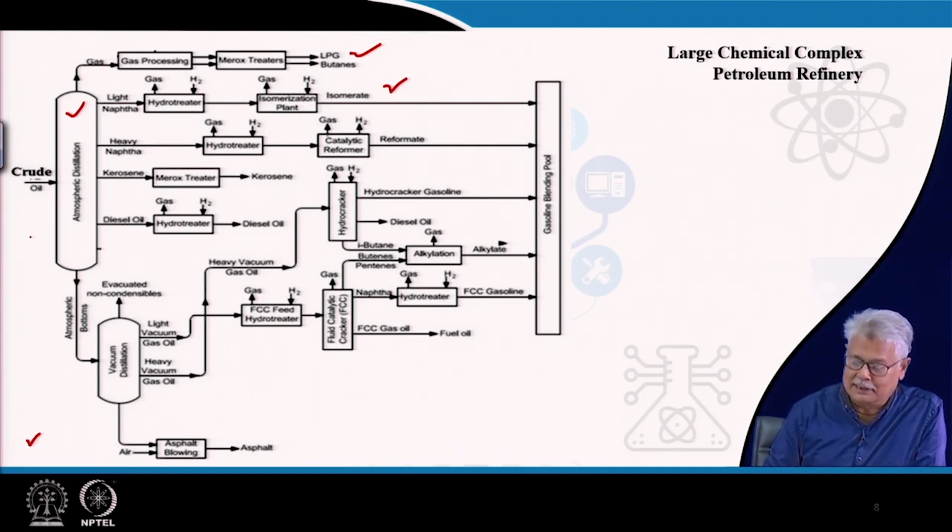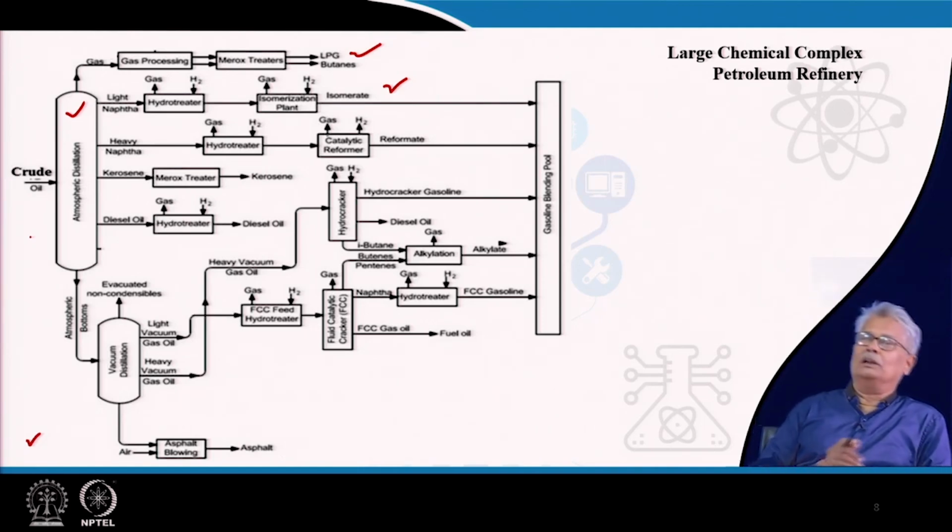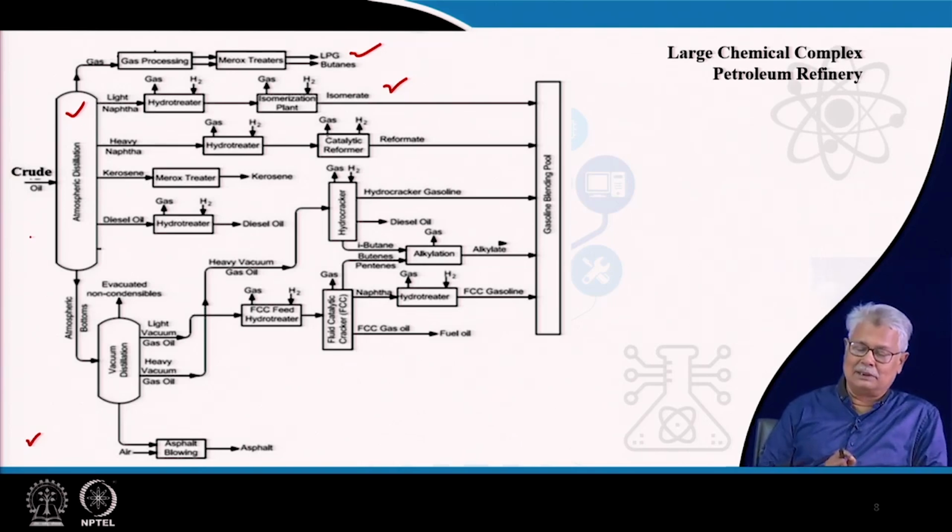Similarly, there are different blocks here. In fact, though we have just attempted here to represent the entire processing of the refinery on a single sheet, actually each of the blocks which has been placed here are rather complex processes, and the entire thing leads to the integrated plant for manufacturing petroleum products.